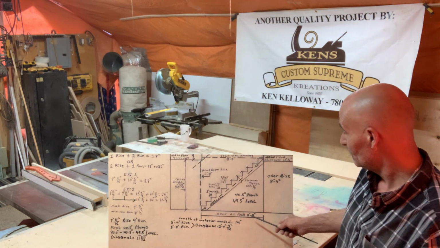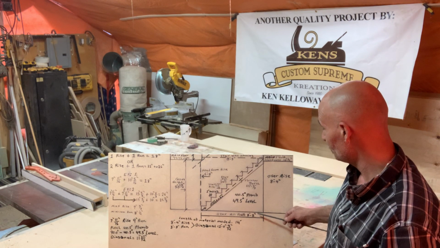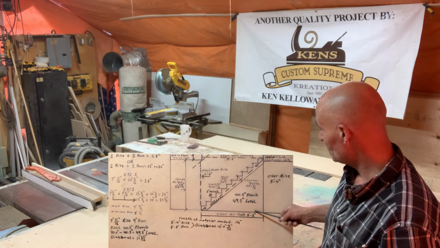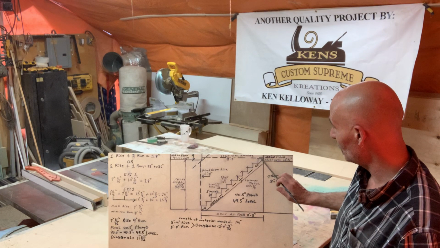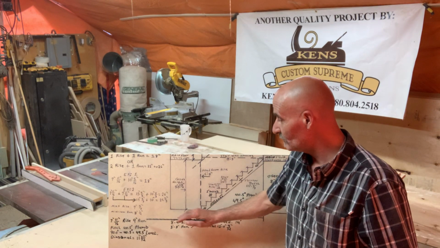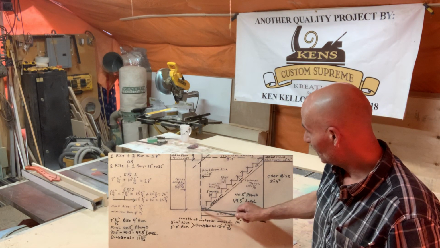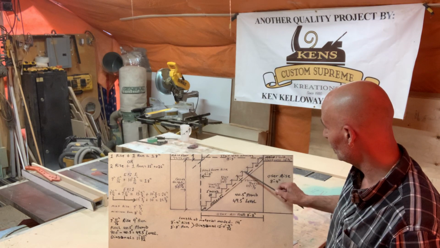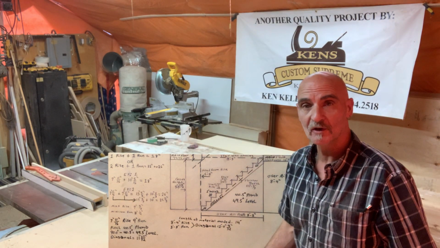So that's 8 foot 6, or 8 foot 8. I'm sorry, 8 foot 8. So now 8 foot 8 divided by 12 will give you 10 inches. You got 1 2 3 4 5 6 7 8 9 10 11 12, so we got 12 runs.